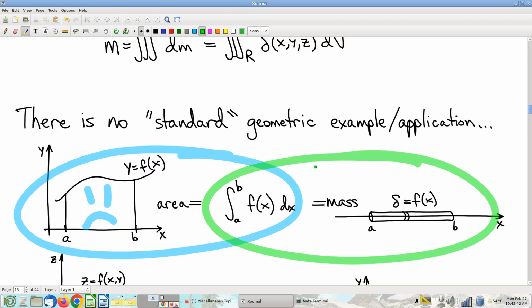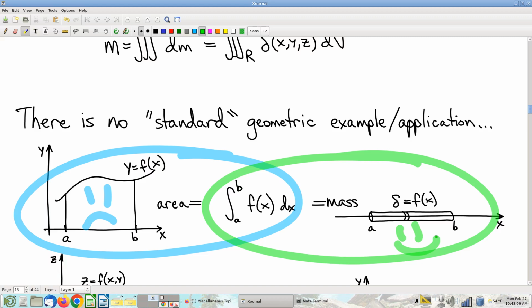Mass of a one-dimensional distribution, let's think of it, for example, as a metal rod with non-constant density. So what I like about this metaphor is that it is pretty relatable, maybe not quite as much as area, but it's also not something that we're going to get dependent on.